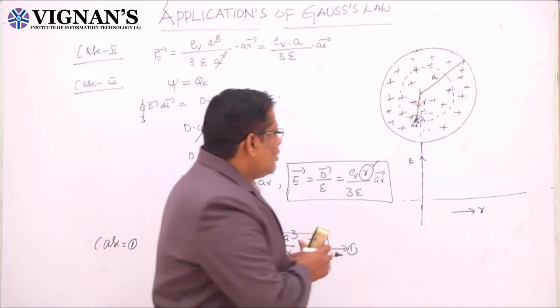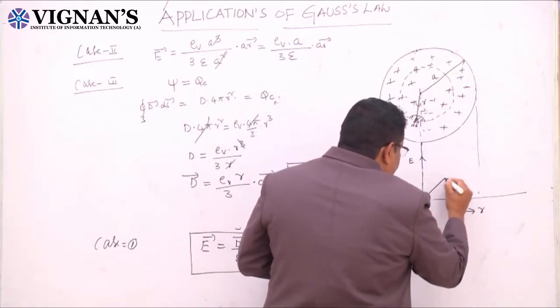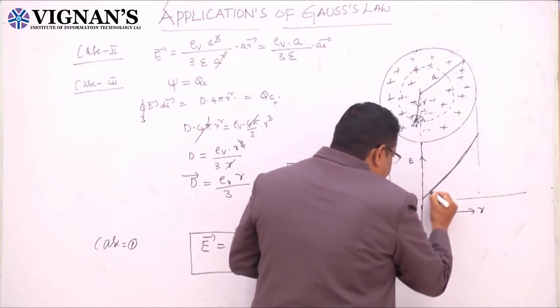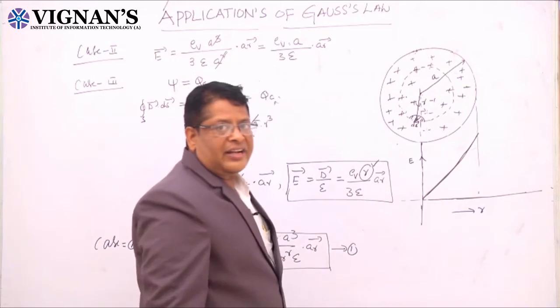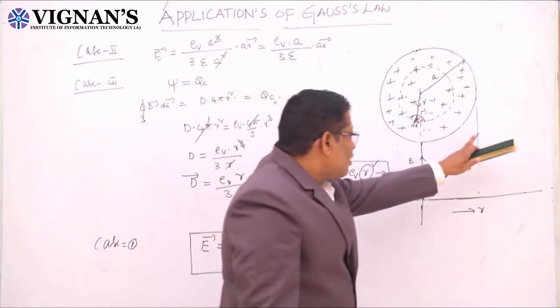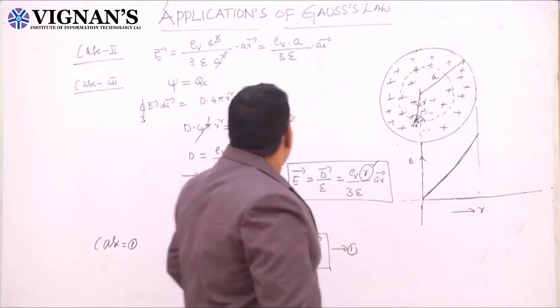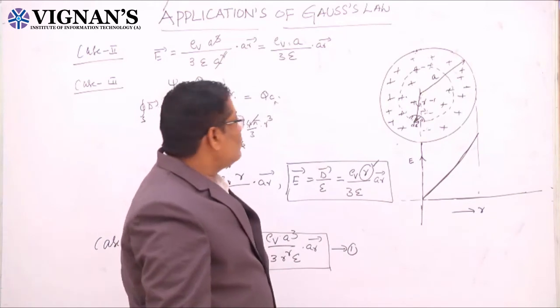Up to this point, the electric field intensity is a straight line. After this point, on the sphere, the electric field intensity equals this one, that is a constant value.